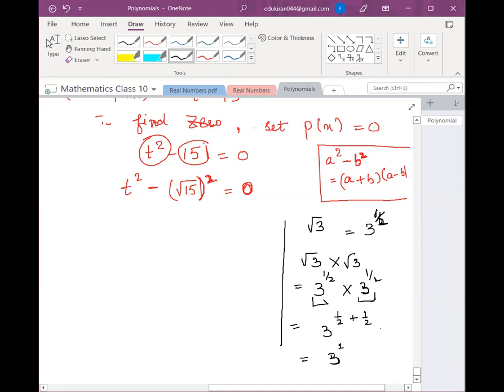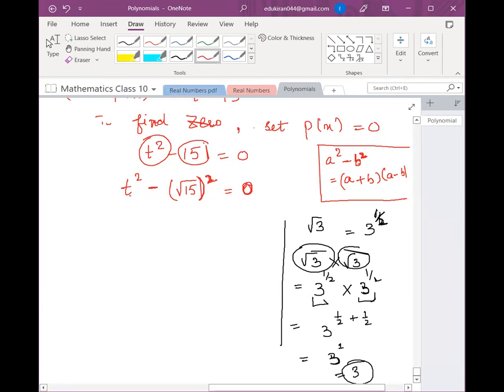You can take the LCM and solve, but obviously half plus half is 1. So 3. If I multiply the same number, square root into square root, the square root vanishes away and I'll get 3. That is why I converted 15 into under root 15 into under root 15. That will give me 15.